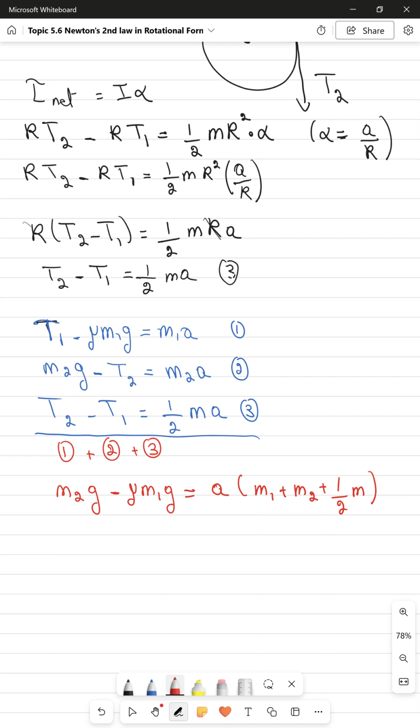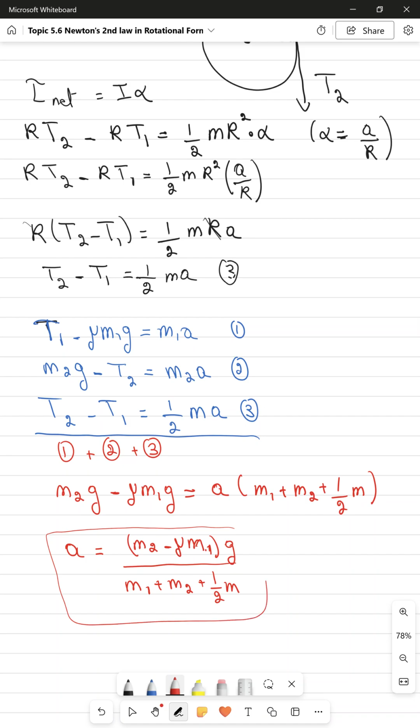So the acceleration will be equal to M2 minus mu M1, into G as a common factor, over M1 plus M2 plus half M. Notice that if I exclude the mass of the pulley, I get to what we got in unit 2 for the acceleration terms.